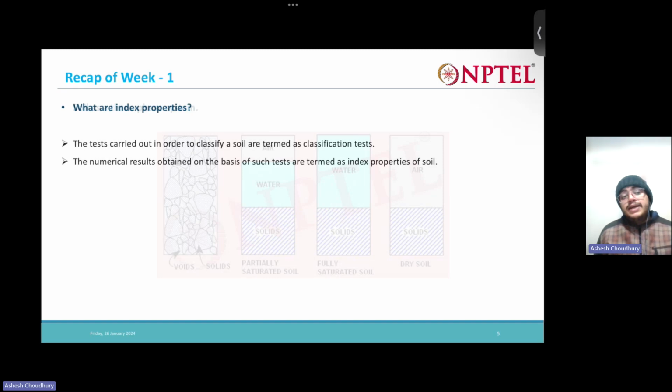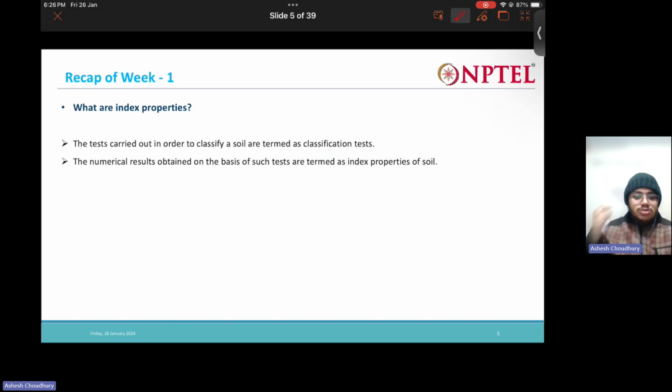Now, there are some important properties, very important properties of soil that we must know. Some are very basic. These properties are called index properties.